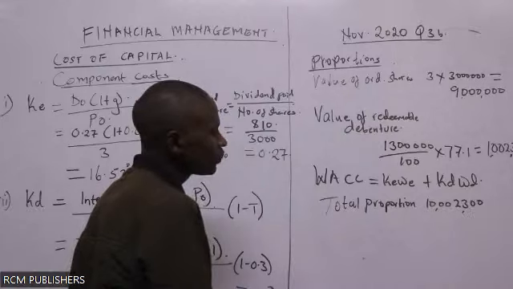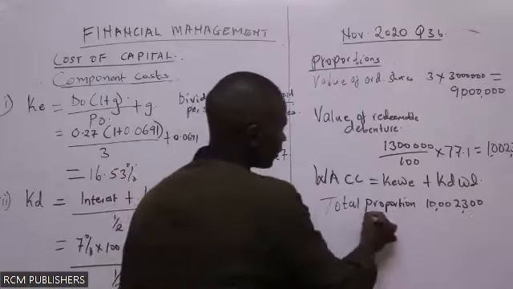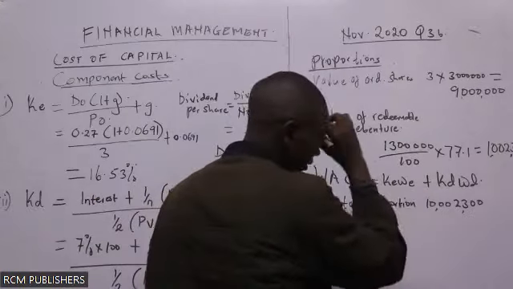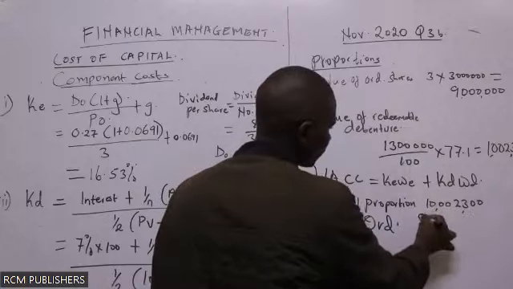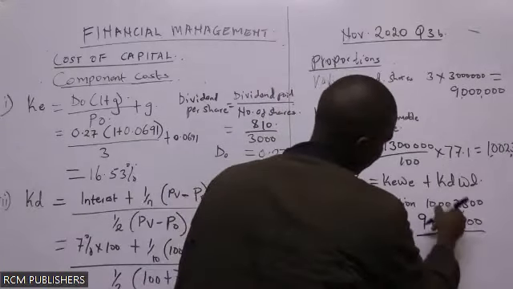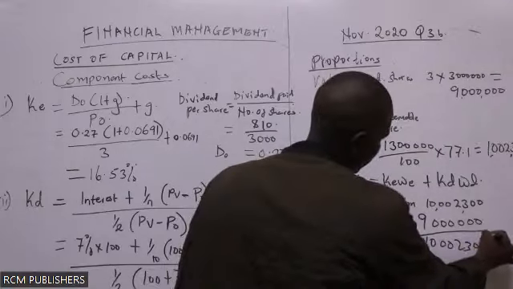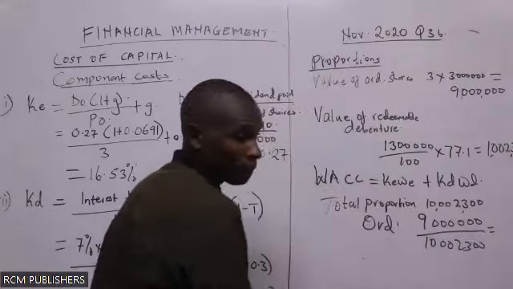So if I want to get the proportion of my ordinary share, it will be equal to 9 million divided by this total, 10,023,300. What do you get?